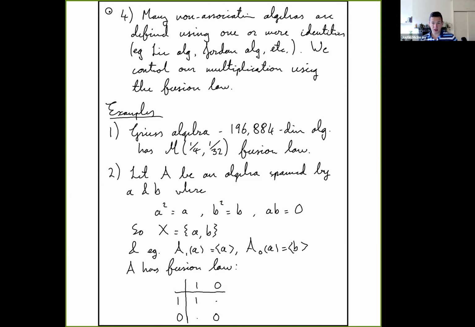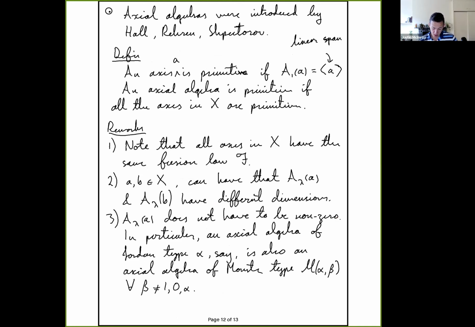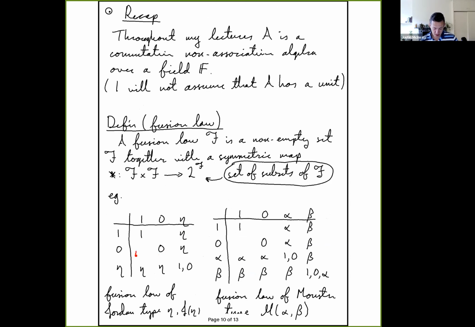And in fact, by that comment I made just earlier, you see this is 1, empty, empty, 0. And remember I said that axial algebras for one type of fusion law can be another as well. So let's have a look back at our fusion laws. And I see this 1, 0, 1, empty, empty, 0 here. I also see it here.